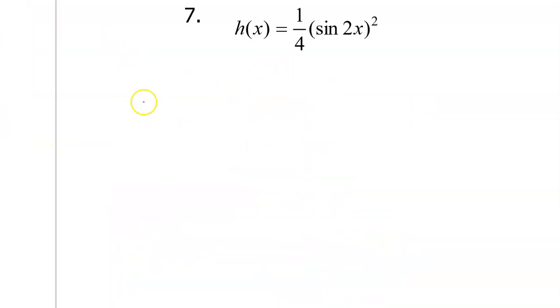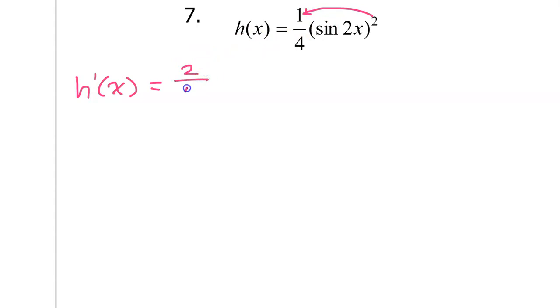On problem number 7, we will need to use the chain rule twice. So I'm going to have h prime at x equals. First, I take the derivative of the outer function, which is this, the parentheses squared. So I'm going to take this 2 and put it over there. Maybe I'll just leave it for a second.